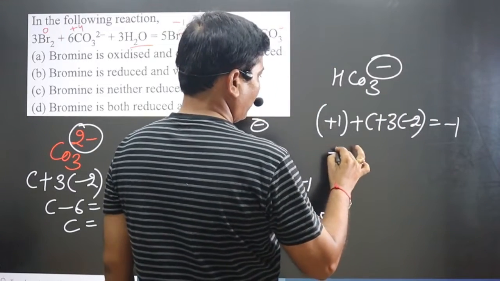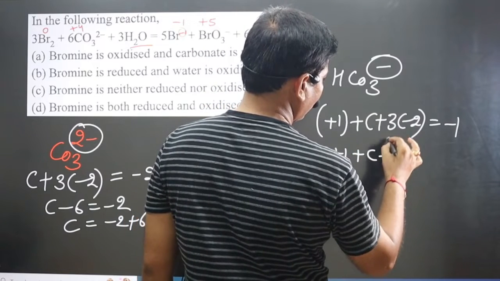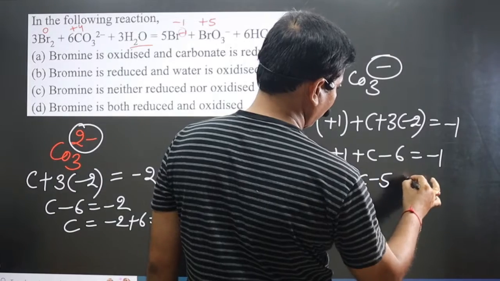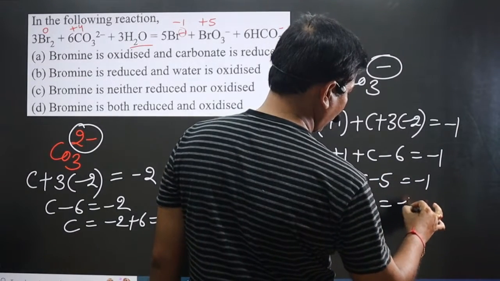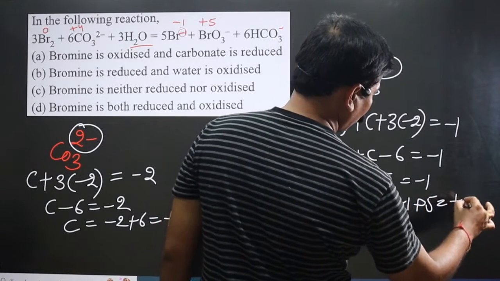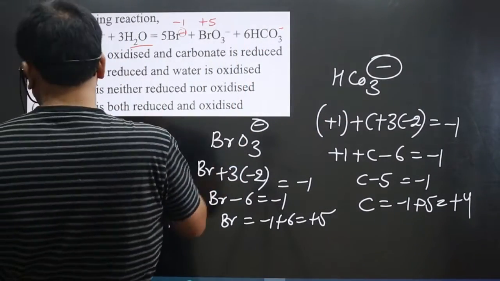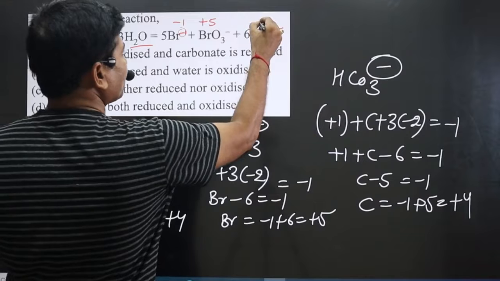So plus 1 plus carbon minus 6 is equal to minus 1. Then carbon minus 5 is equal to minus 1. Then carbon is equal to minus 1 plus 5, which gives plus 4. Carbon is present in plus 4 oxidation number.